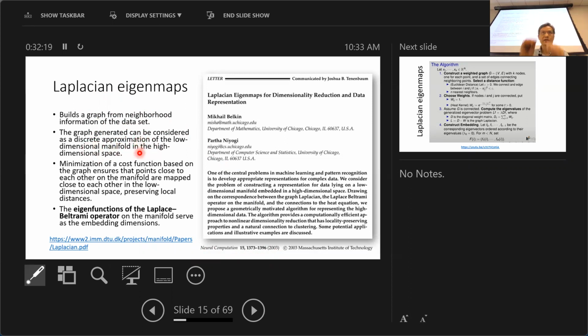We look at the neighbor distance between data points. Okay, then they will build two matrices and apply eigen decomposition to find the embedding, using the eigenvectors for the embedding.